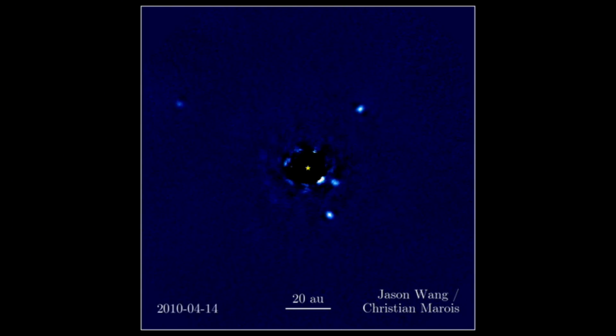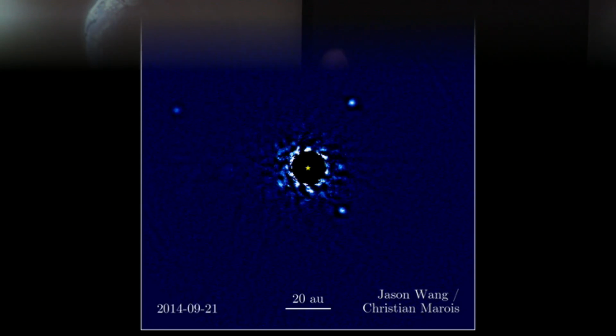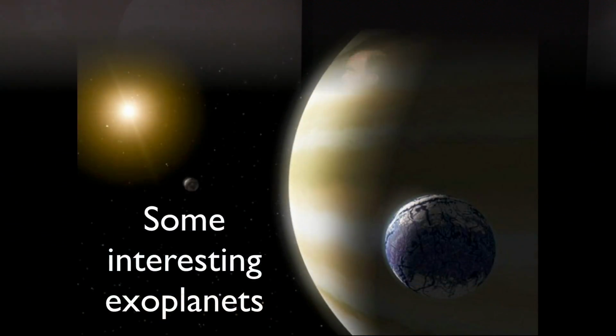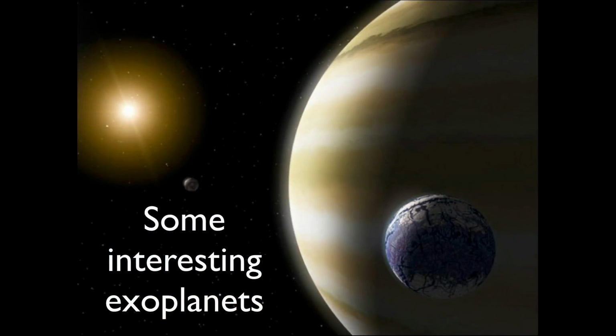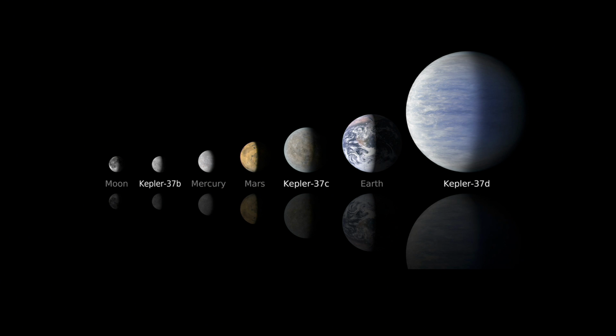Anyhow, now I'm just going to lead you through a few interesting exoplanets that have been found before we get into more detail of the demographics of what they look like. So here's a plot of the sizes of planets. Some very small planets have been found. These are planets from two systems, the solar system and the Kepler 37 system.